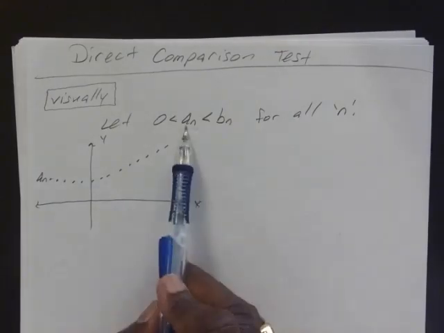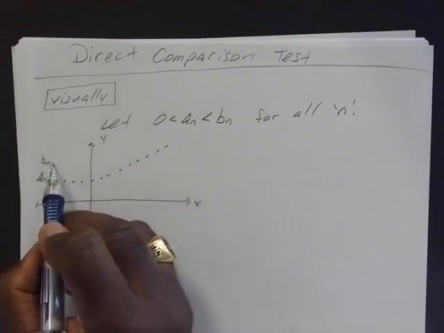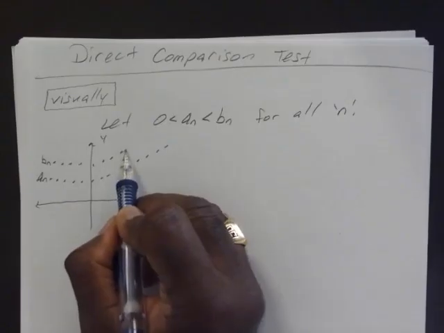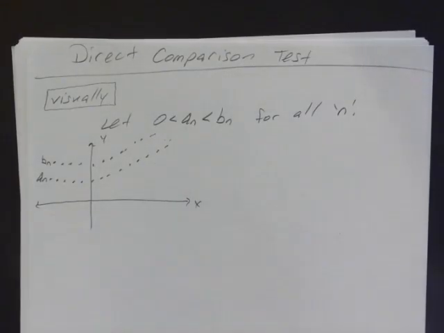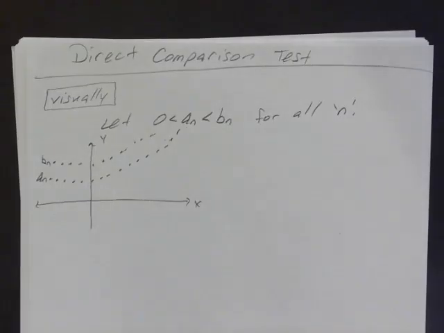If it's always less than b sub n, that means b sub n will also diverge if a sub n is diverging. So if a sub n goes all the way up and diverges, so does b sub n.